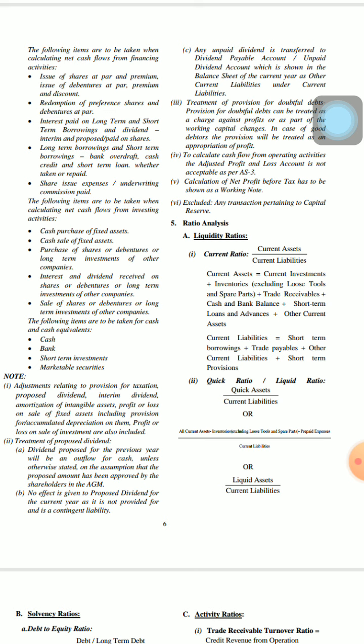Liquidity means the ability to convert assets into liquid money. That means ready money, near money, and which can be accepted by anyone as a payment. So the ability to convert quickly your assets into cash can be understood by liquidity ratios.